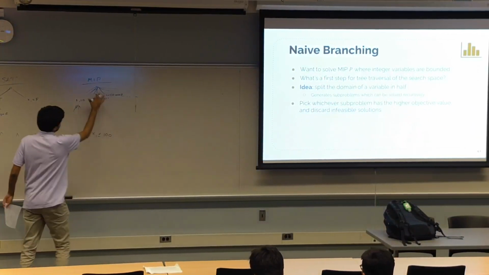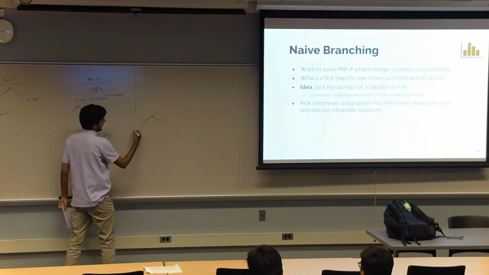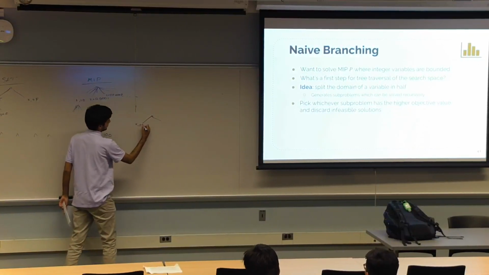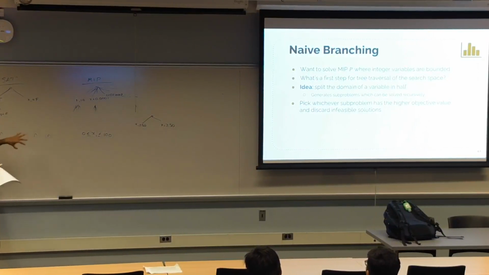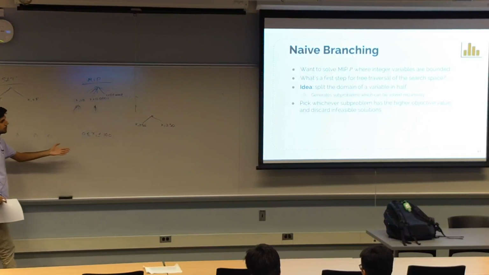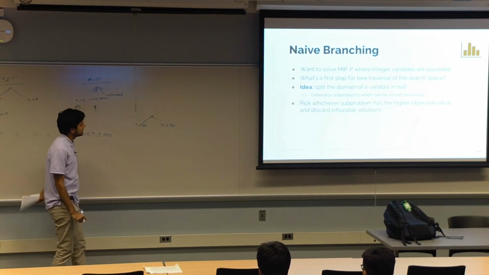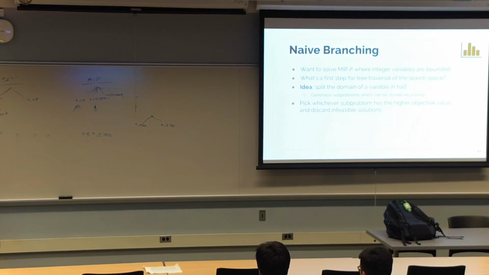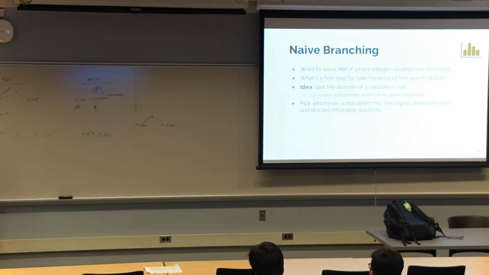Starting at our root, either x1 will be less than or equal to 50, or x1 will be greater than or equal to 50. We'll make the decision to split our domain, add this as a new constraint, and then solve the problem recursively. We're slowly narrowing down and checking all the intermediary points. Admittedly, it's still a very large tree. We're still dealing with exponential time. But this is a lot easier, more tangible, and easier to understand. It's only a branching factor of 2.